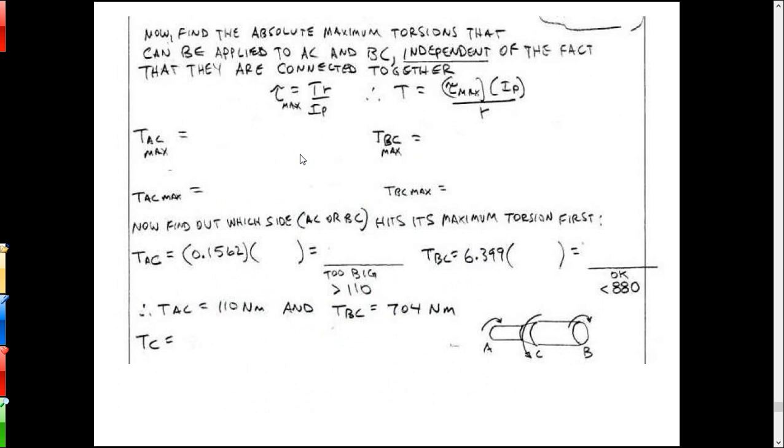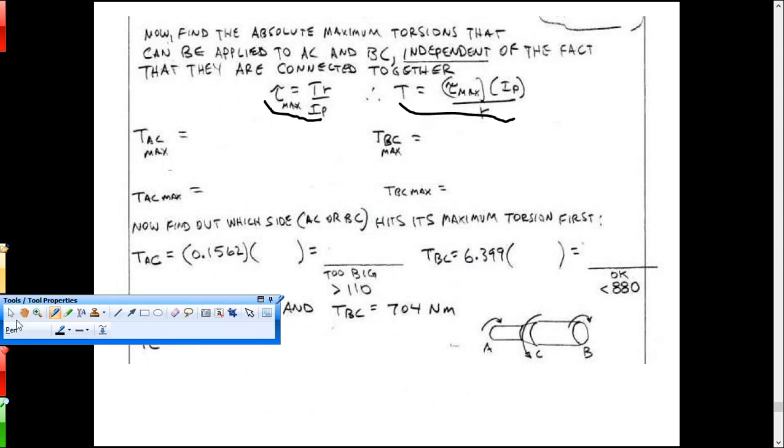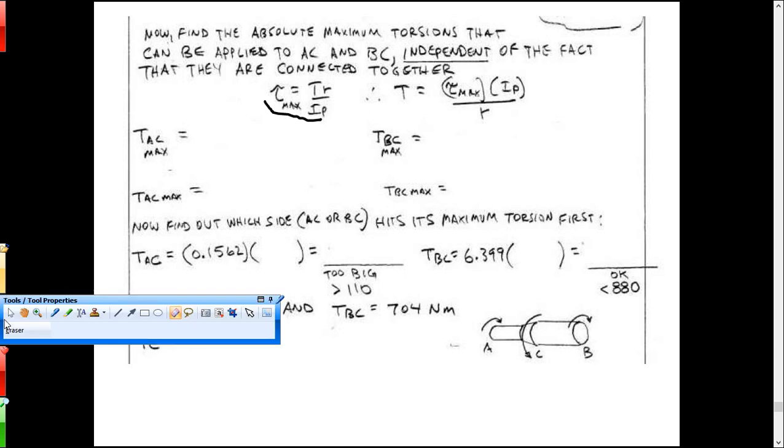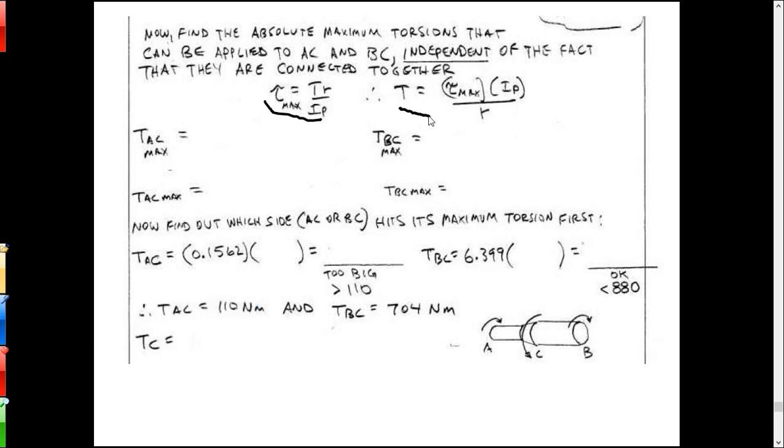So if I can do that, I can take that shear equation and rearrange it and solve it for the torsion, okay? So that if tau is TR over I, T is tau I over R. Okay, I could do that, like so.